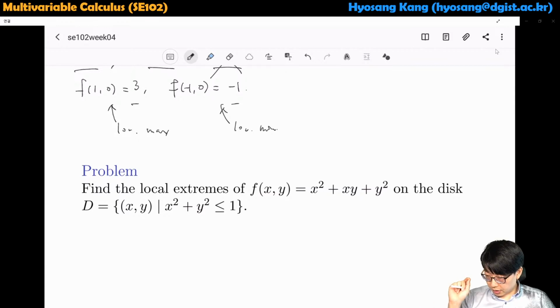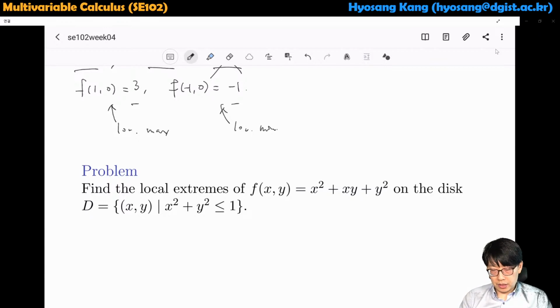So we have what looks like a target function f, and our domain is not a level set, but it's a disk. Okay. So this kind of problem mixes the Hessian method and the Lagrange multiplier. In the Hessian method, it tries to find the local extremum on the entire domain of the function, on the plane in this case.